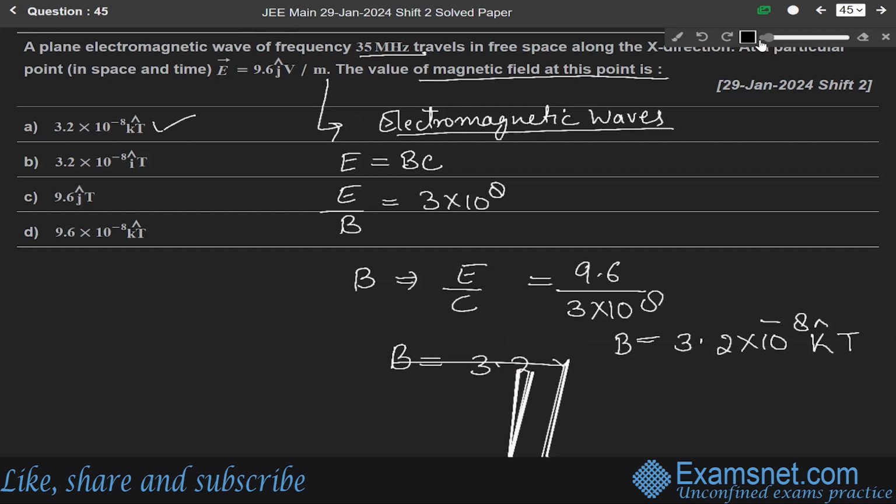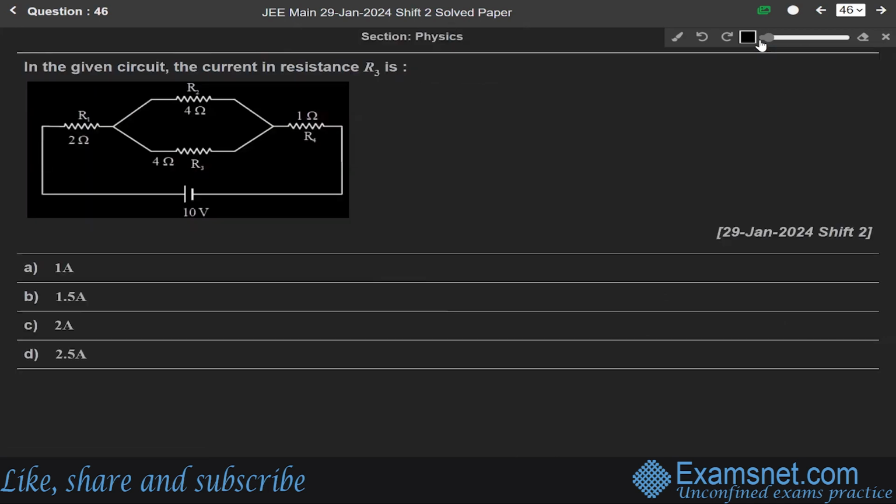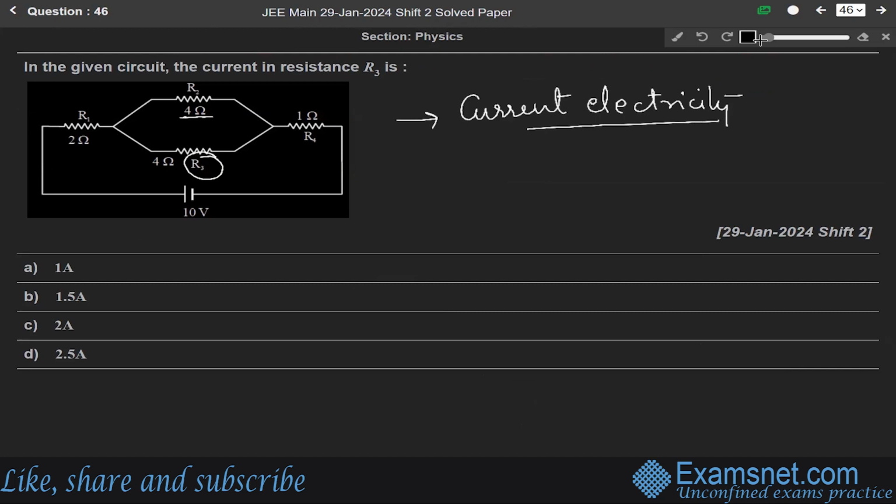Okay. Now next question, question 46. In the given circuit, the current in the resistance R3. So this question is from the chapter of current electricity. According to this question, we have to find the current through R3. Now this resistor and this resistor, they are in parallel.